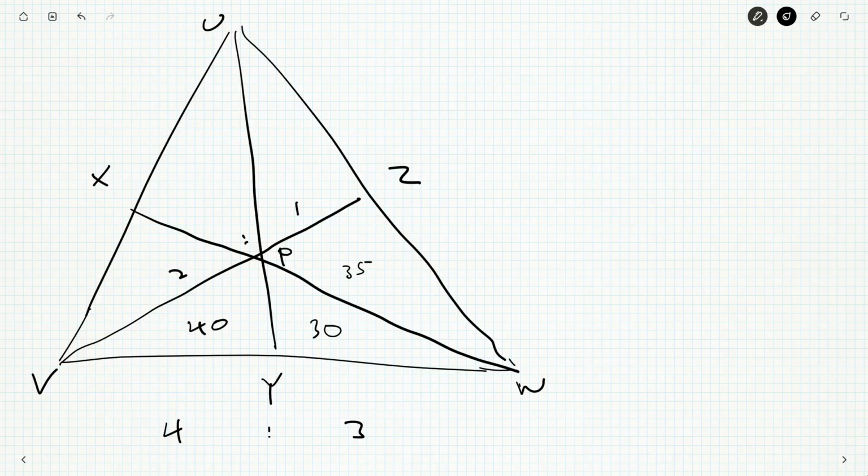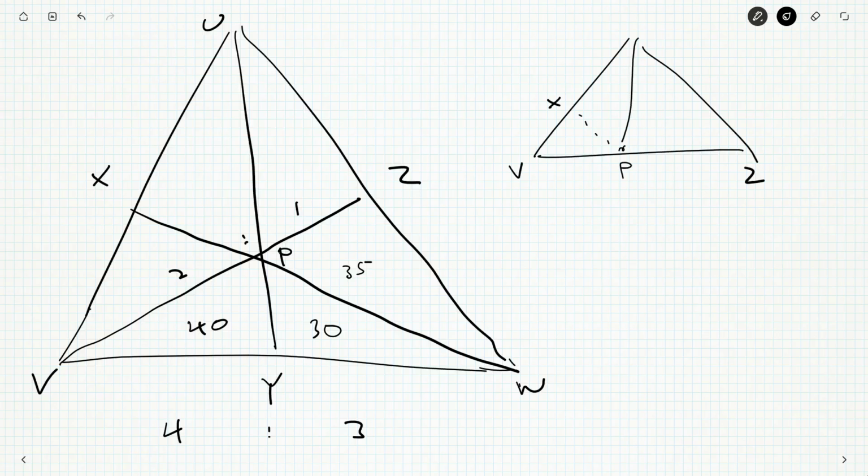Well, if we look just at U to P along VZ, UVP to UPZ must have the same ratio, so it must be 2 to 1.